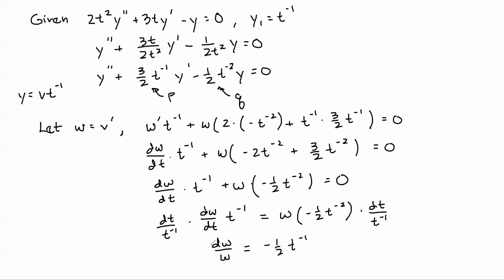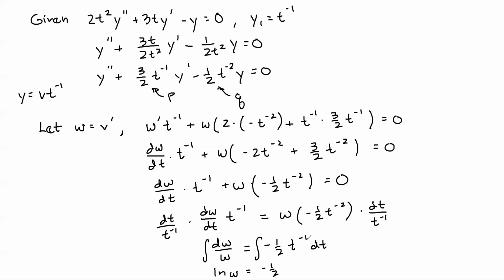All right, and then we could integrate both sides. Oh, and I forgot the dt. And then we're going to integrate both sides. And on this side, we're going to get ln w. And over here, we're going to get negative 1 half.